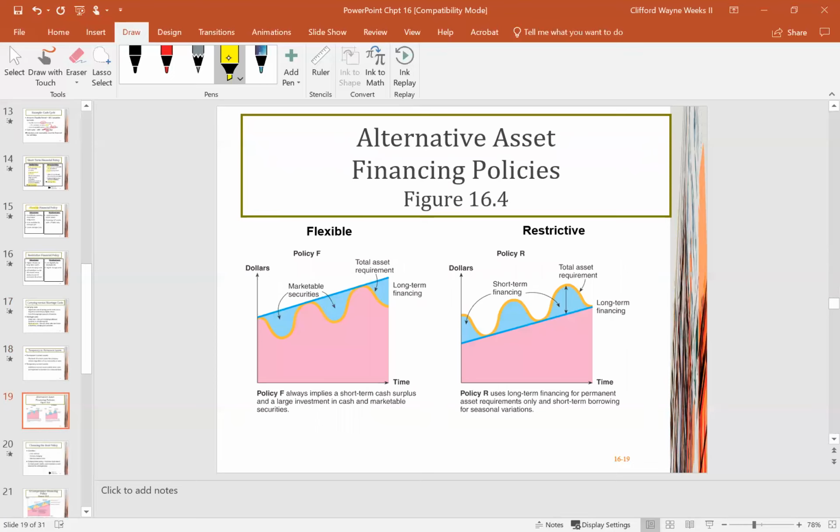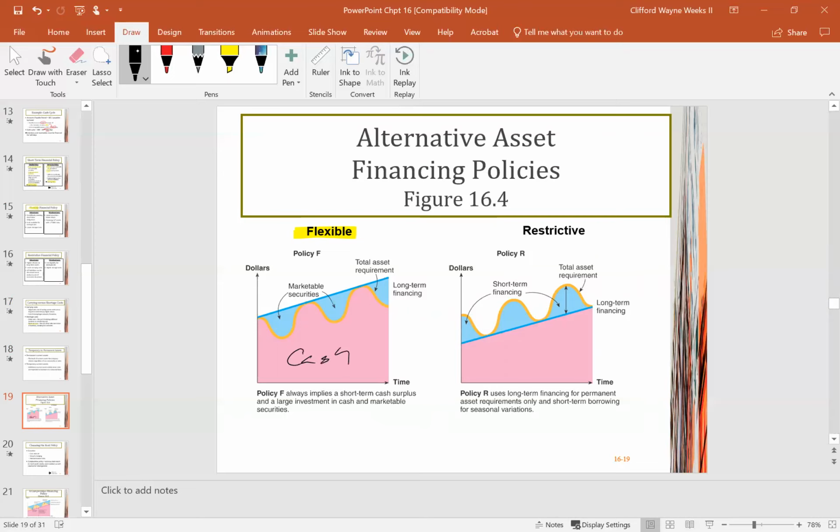And so here are two pictures that I think are advantageous. We have our flexible policy, and basically that means we're carrying a lot of liquid assets. The pink represents cash.